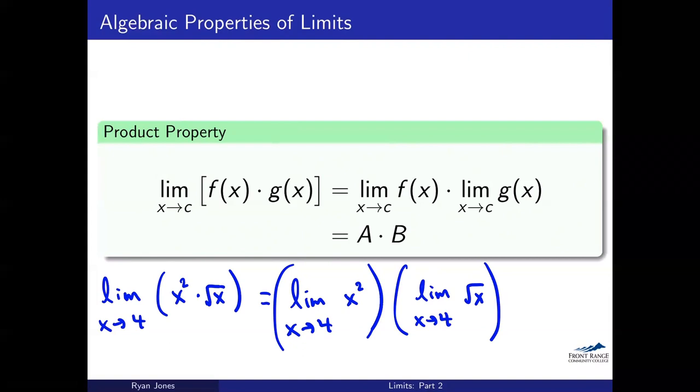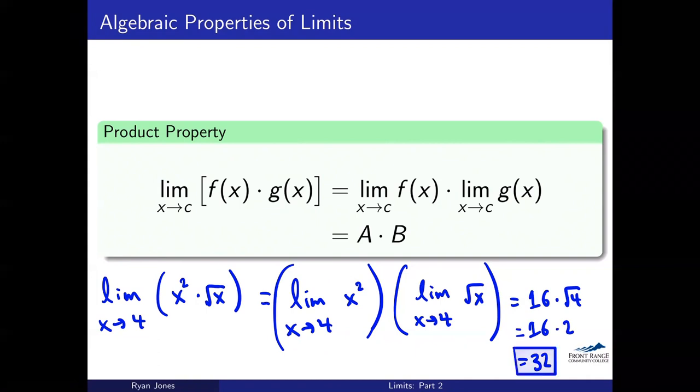And I also could just do my direct substitution. I could just take the 4 and plug it in. But you're allowed to split these up and multiply your individual answers. So here we have 16 times root 4, which would be 16 times 2, which would be 32. And that'd be our final answer.